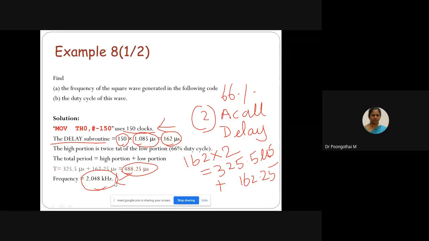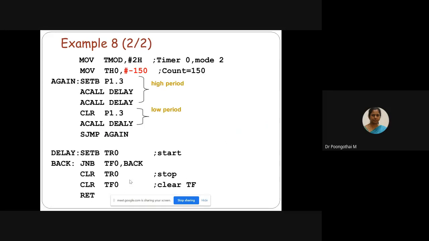Yes, ma'am. Okay. So minus 150 means you directly take that value into your calculation. Multiply that value by 1.085 microseconds. So 162 microseconds. And they have written a delay routine for your timer. After setting or clearing the port 1.3, the delay is called.